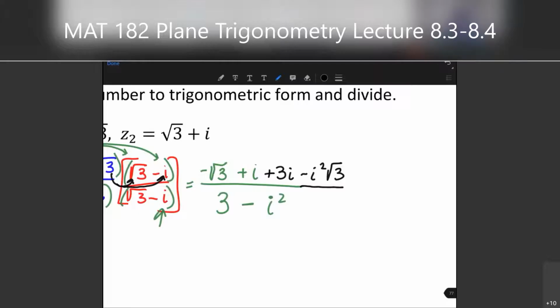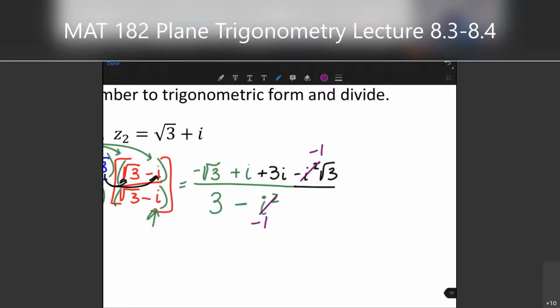So let's take a minute to consider the simplification. We can recall that i squared is -1. So this goes to -1, and then we also have a -1 down here. So the i squared property comes up two times in this quotient.